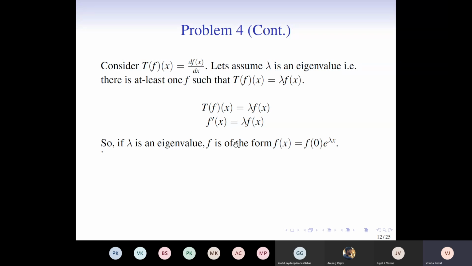So we just solve this differential equation as we had done before, and this time we get f of x is f of 0 times e power lambda x. F of 0 comes because of the limits, like you integrated from 0 to x.